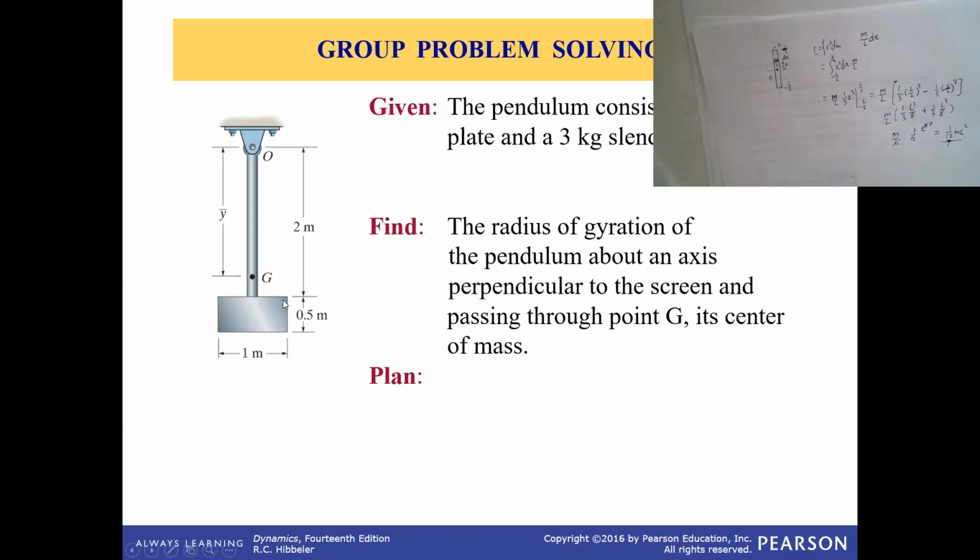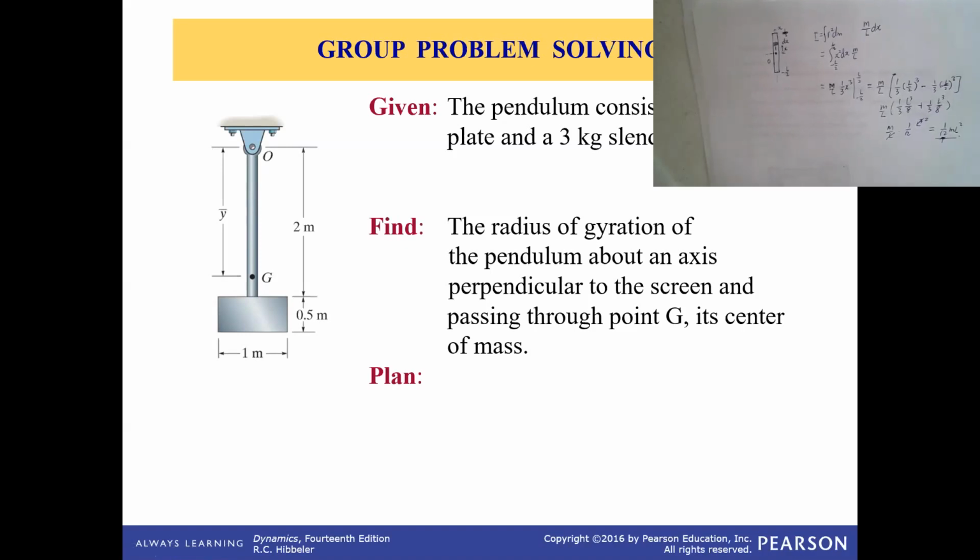Now it's asking you for the radius of gyration through the center of mass for this system. First you want to figure out where the center of mass is. Given this is y, starting from this point, you can set that as your origin. So this is 0 in y, and this could be the positive y direction. We can take that as the coordinate system.